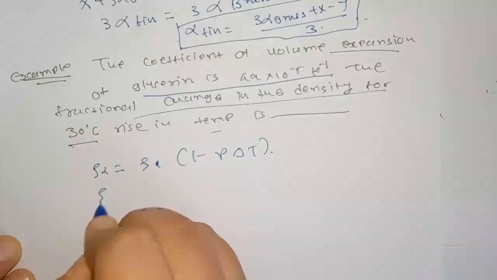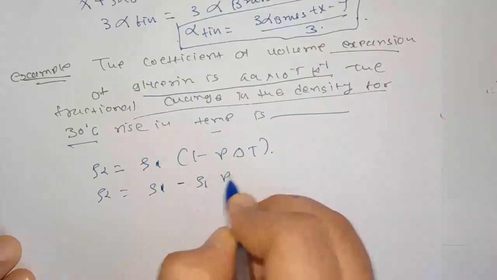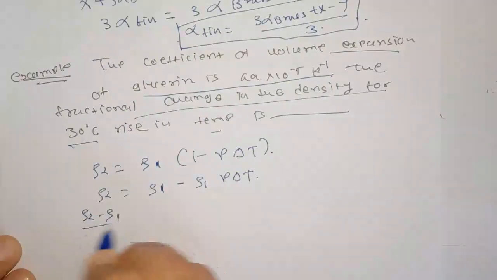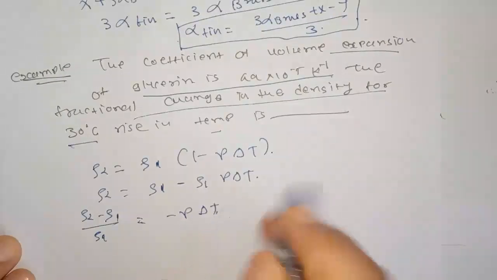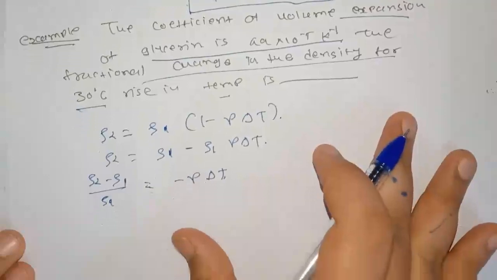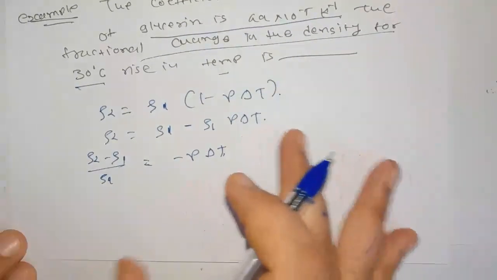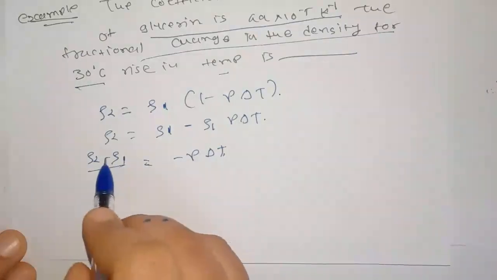So ρ2 will be equal to ρ1 minus ρ1 gamma delta T. So (ρ2 minus ρ1) upon ρ1 is equal to minus of gamma delta T. This will be the fractional change.